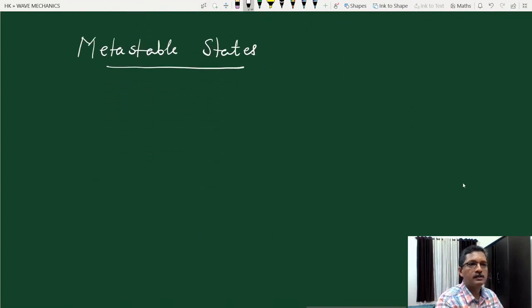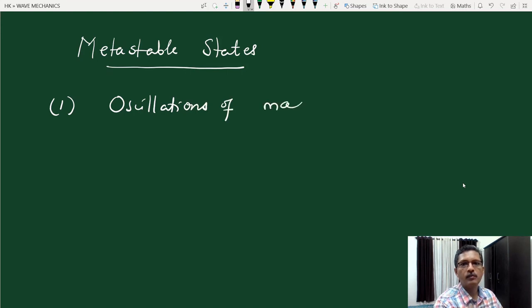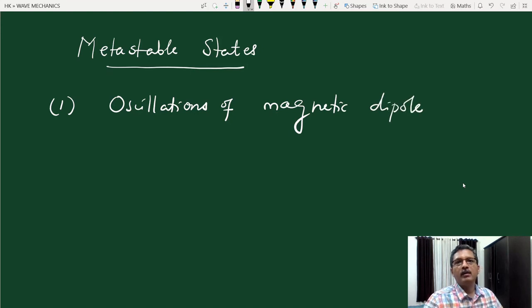One such process is oscillations of magnetic dipole in an atom. We know that a current loop can act as a magnetic dipole.